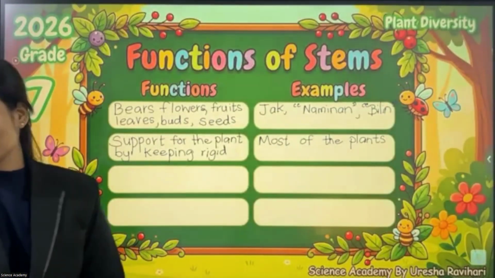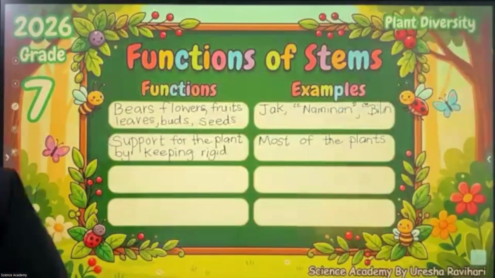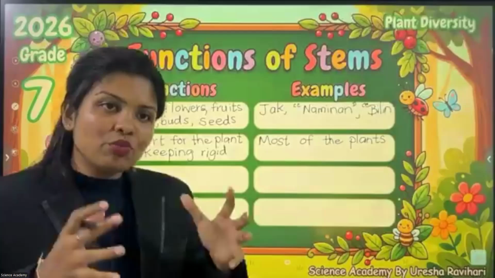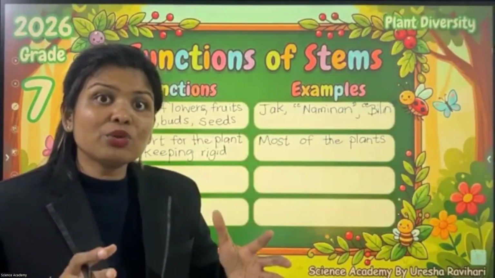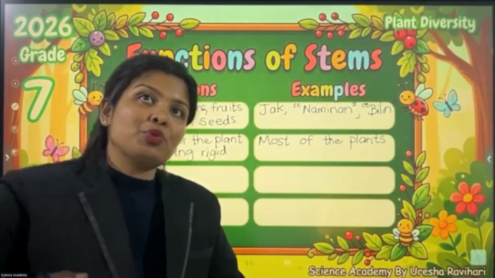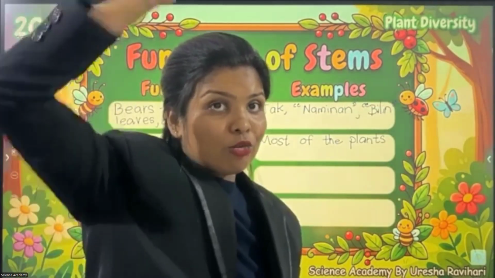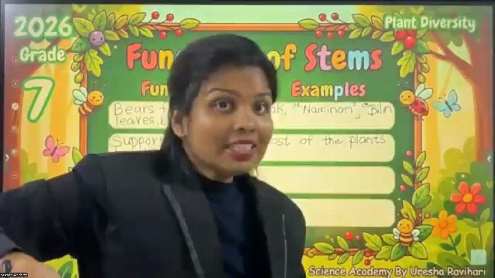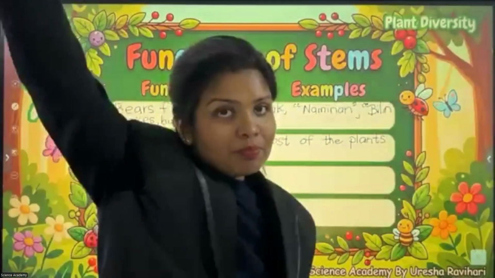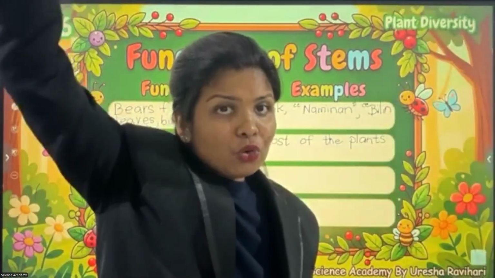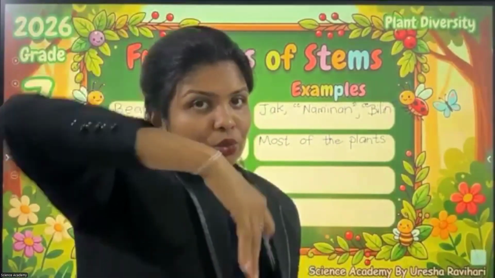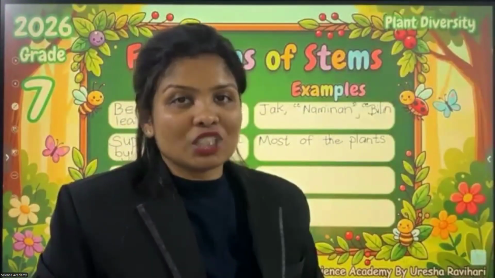So, children, next one is transport water and nutrients absorbed from root to the upper area of the plant. Other thing is that prepared or made food is transported into roots for the functions.